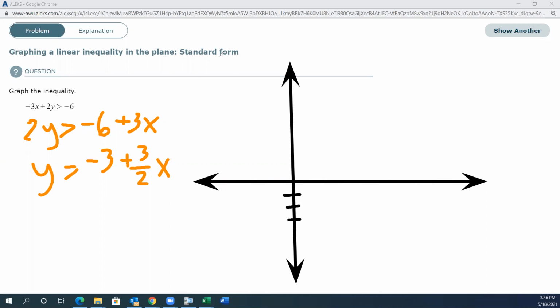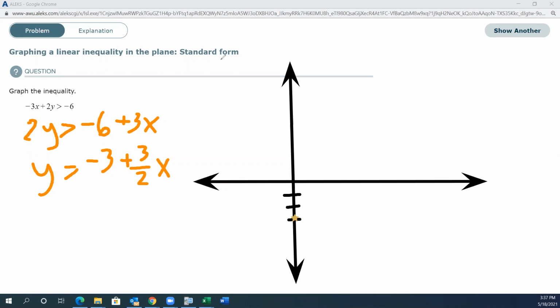There's my y-intercept, that cute little star. Then the slope is the number multiplied by x, 3/2, and it's positive.